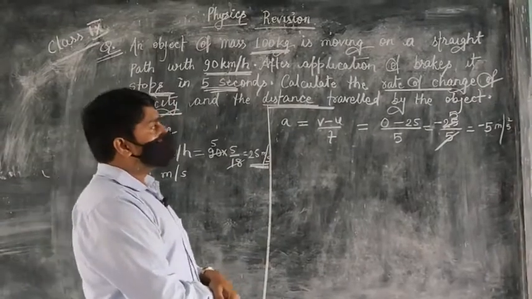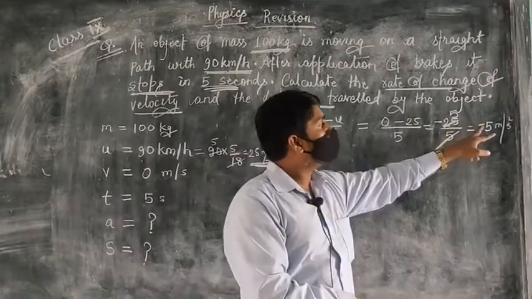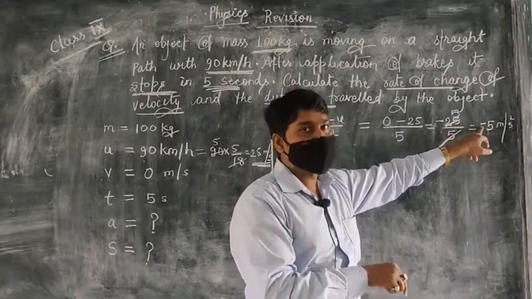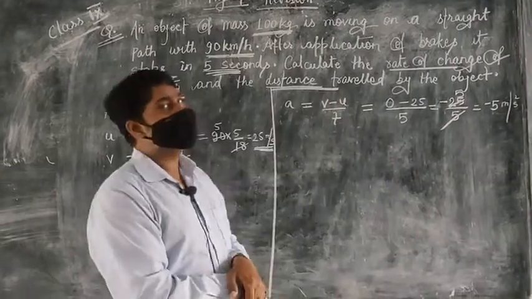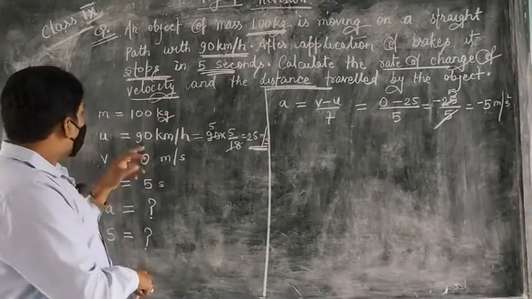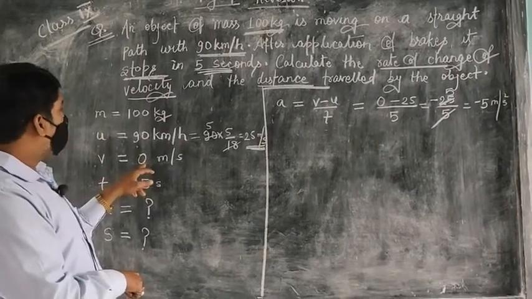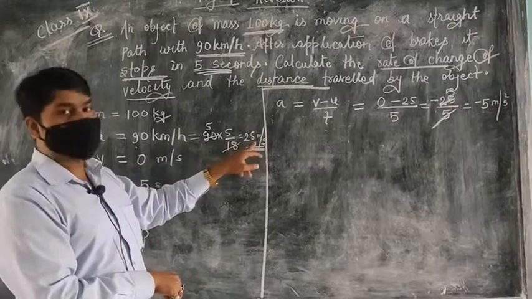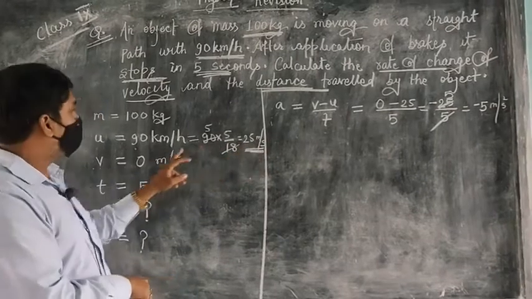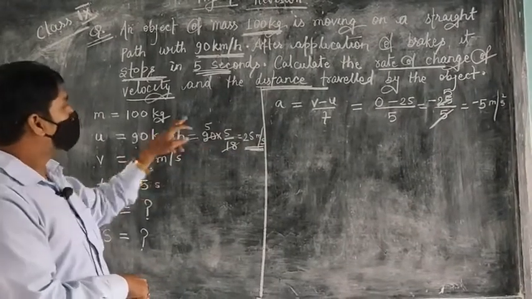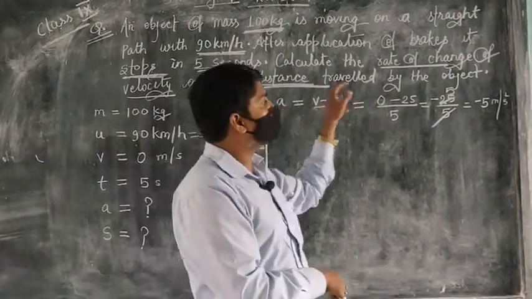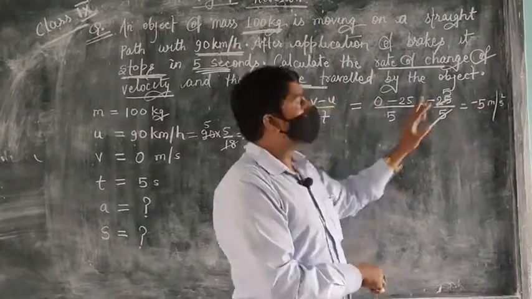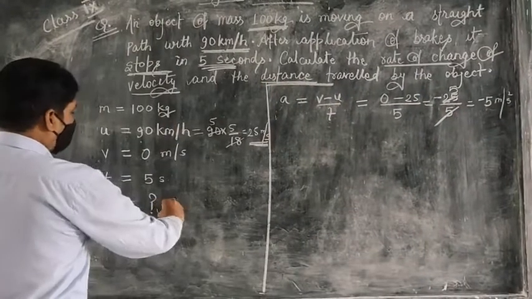Whenever the value for acceleration is negative, it means the final velocity is less than the initial one. So here the final velocity was 0 and initial velocity was 25, means final velocity is less than that of the initial value. That's why the value for acceleration is negative. So we have calculated this one.